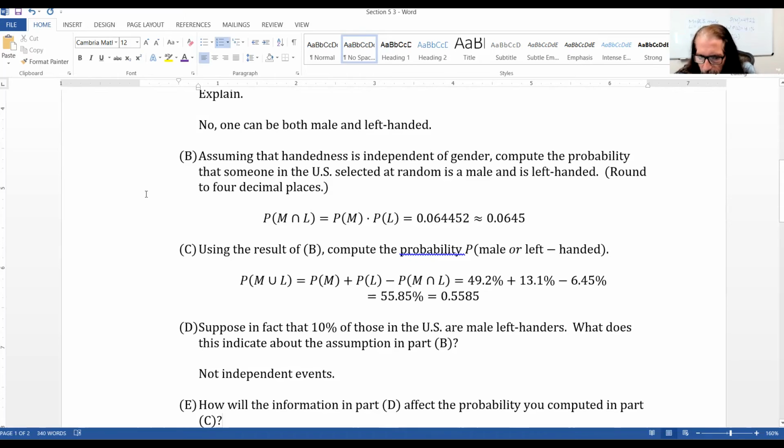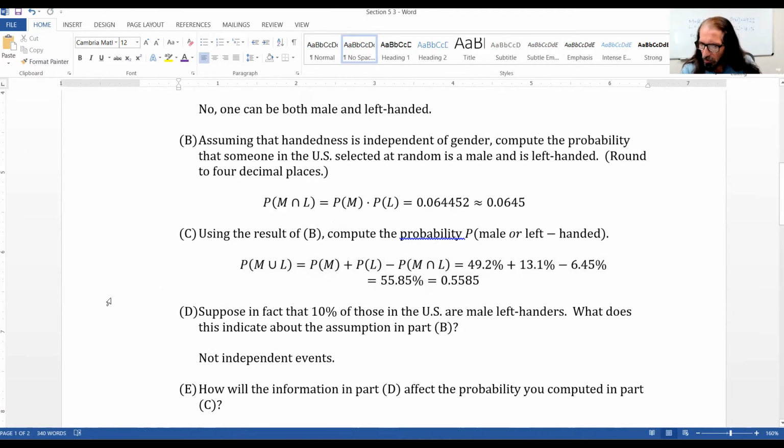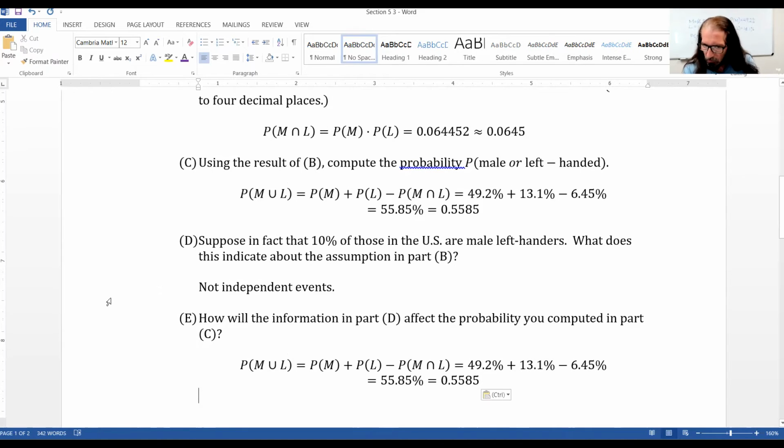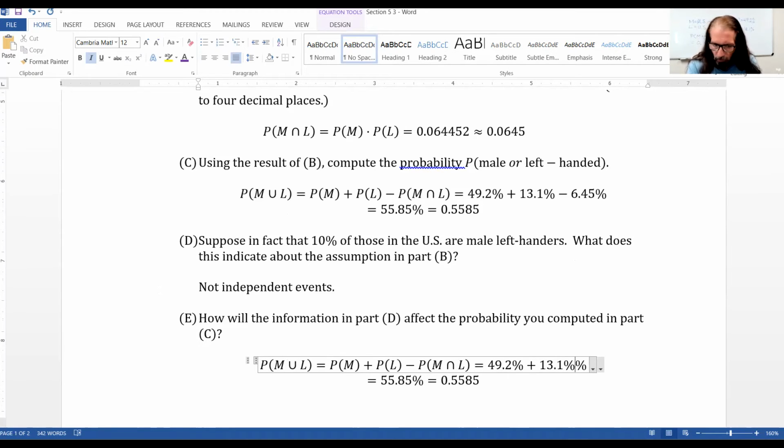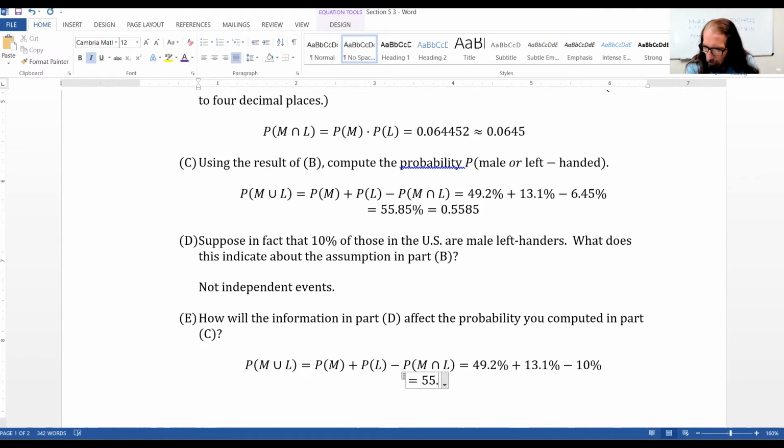And finally, if that really was 10%, then what that would change here is the 0.0645 or 6.45% to a 10%. And what that would give us would be, let's see, 62.3 minus 10% should be 52.3%. Let me double check that.